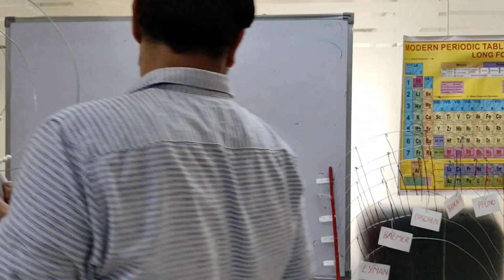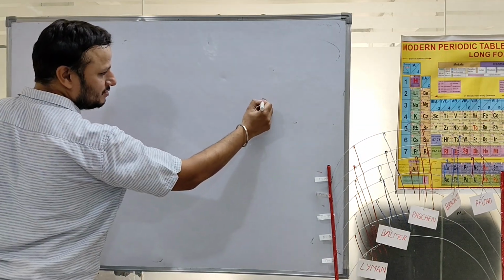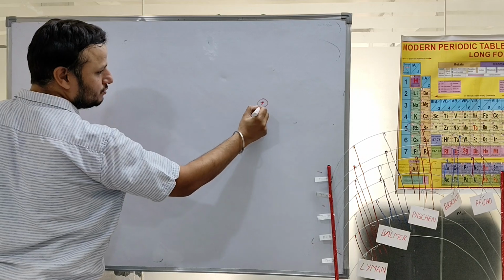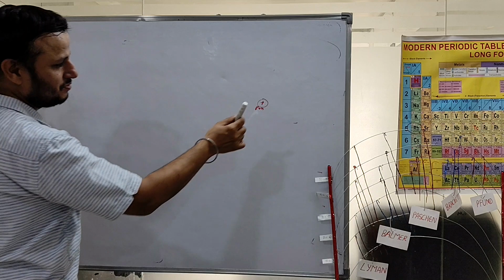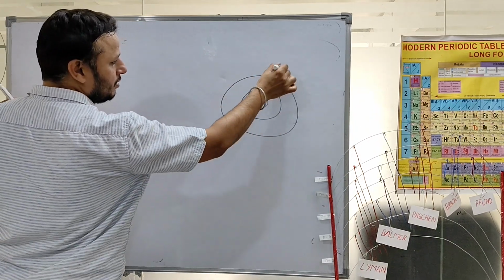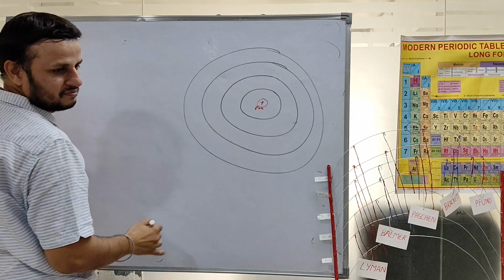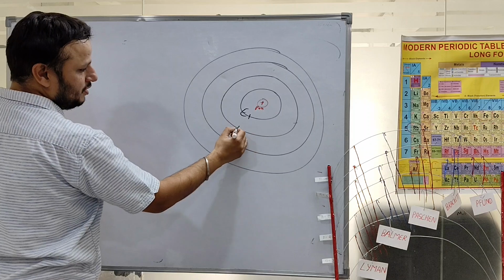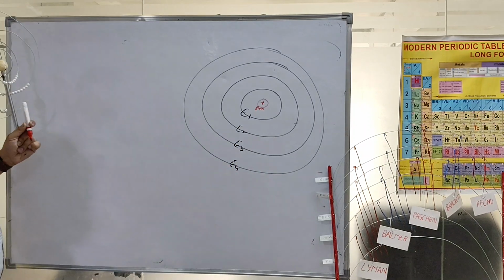So what was the Bohr's model? एटम के सेंटर में न्यूक्लियस which contains protons and neutrons, and electrons are revolving around the nucleus in fixed energy shells, E1, E2, E3, E4, and so on.